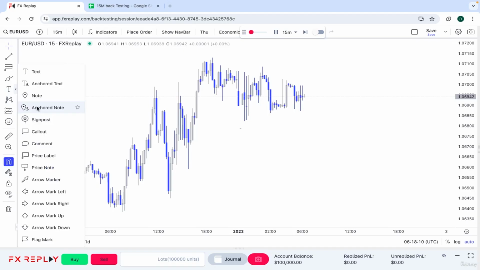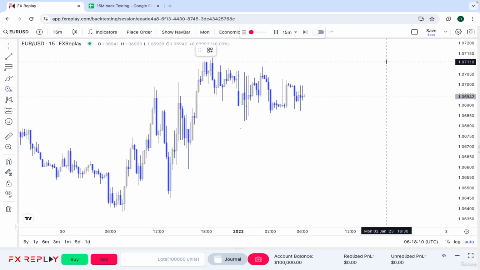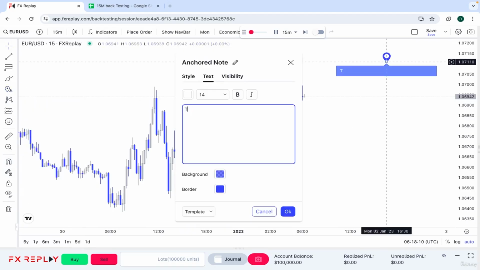Before I do that though, I'm going to get some anchored text in the corner and just write out my process steps. So trigger candle sweep, and then direction, position, momentum, and then make sure there's no traffic.